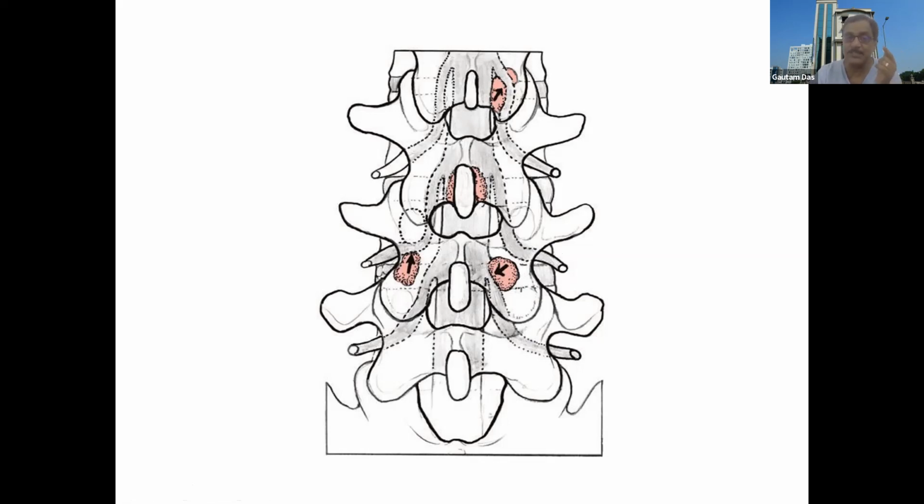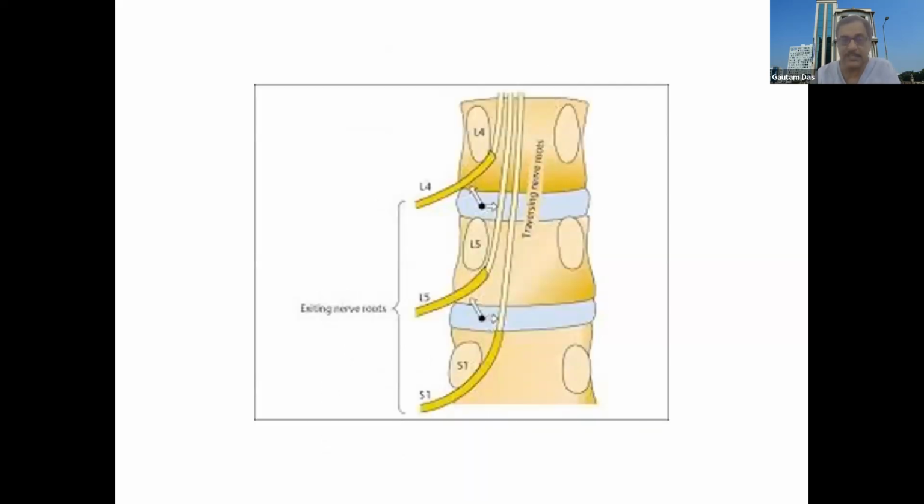But there is an exception. When the disc prolapse is migrated upwards, then you can affect the exiting root. There are different types of prolapse disc, which I'll be discussing in the next slide.